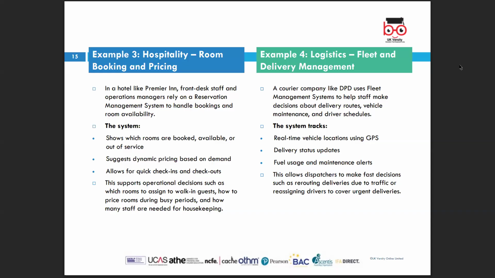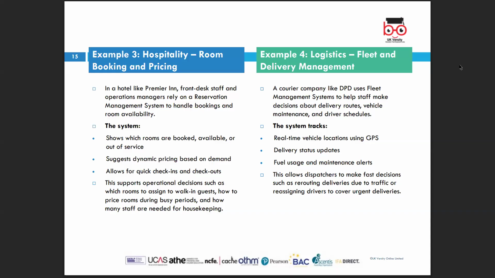It shows which rooms are booked, available, or out of service, suggests dynamic pricing based on demand, and allows for quick check-ins and check-outs. This supports operational decisions such as which room to assign to walk-in guests and how to price rooms during busy periods.